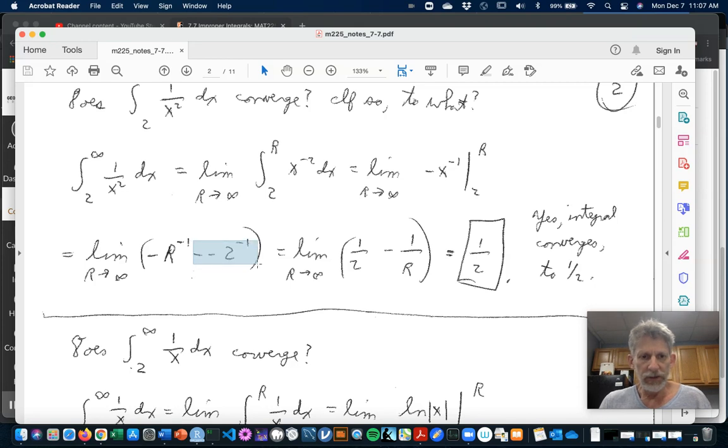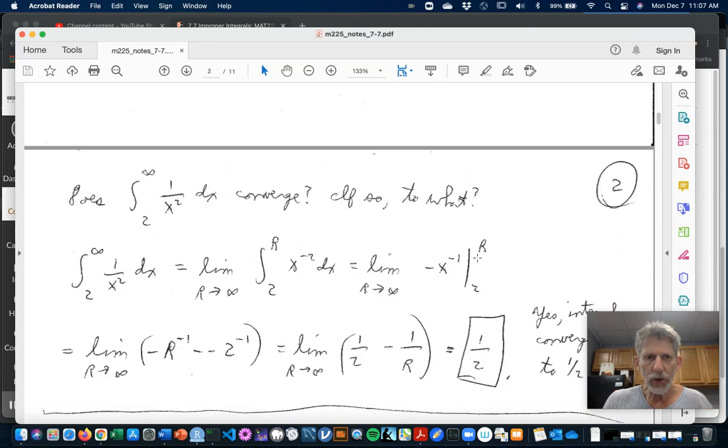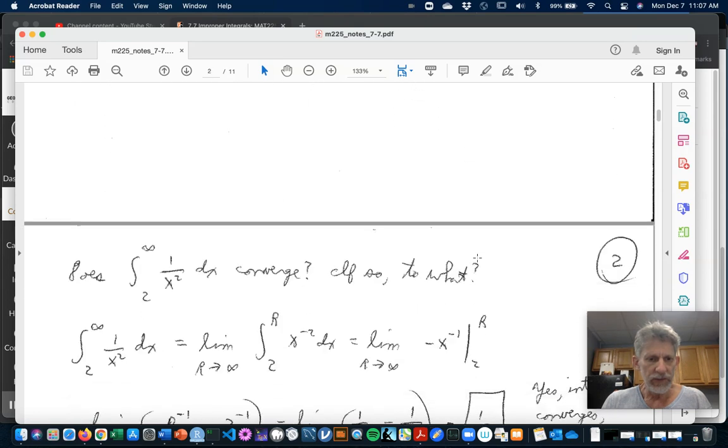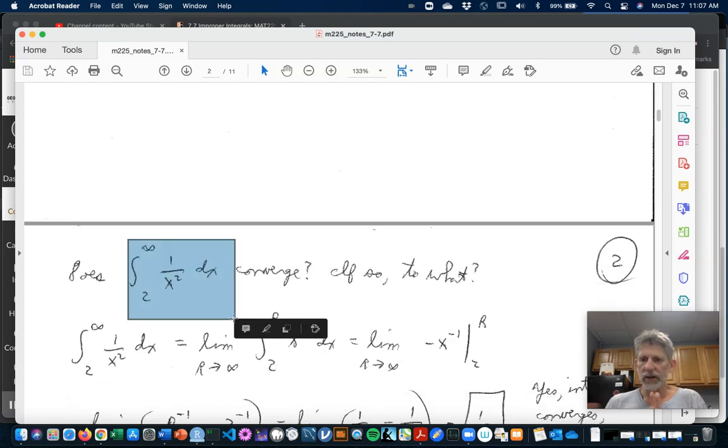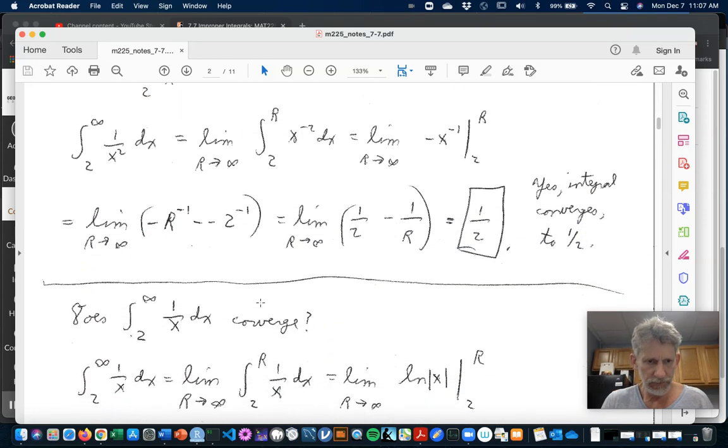The minus 2 to the minus 1 is just a half, and minus r to the minus 1 is a minus 1 over r. Again, as r goes to infinity, this fraction here goes to 0. And so the limit ends up being 1/2 minus 0, which is a half. So this improper integral does converge. It converges to a half. The total area underneath this curve here, 1 over x squared, from 2 to infinity, is just a half.